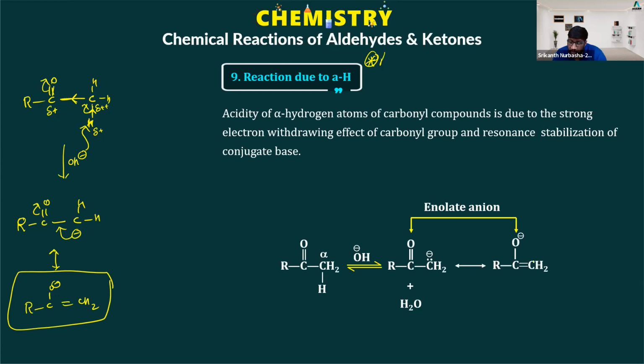This is nothing but your respective enolate. R C double bond O CH3 treated with OH minus forms R C double bond O CH2 minus, the enolate ion. Here OH minus picked up the proton, meaning water is lost. This negative charge on the carbon can act as a nucleophile, and it can attack any other species. Is that point clear or not?